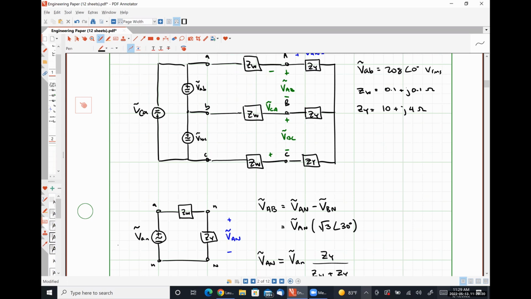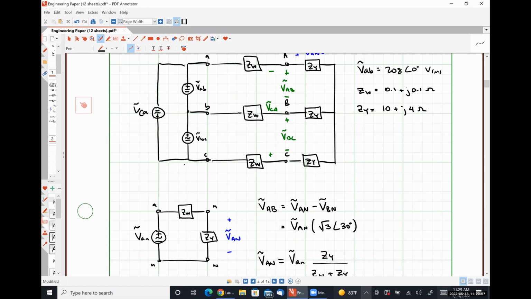So understanding how these balanced quantities relate to each other allows us to avoid having to set up a system of equations at all, right? Since we know that in a balanced three-phase system, all of our quantities are exactly 120 degrees out of phase with each other, and everything has the same magnitudes, it makes the analysis fairly straightforward.